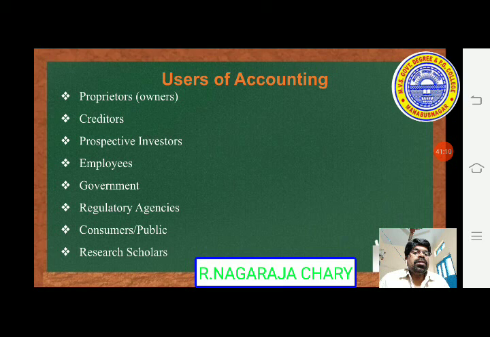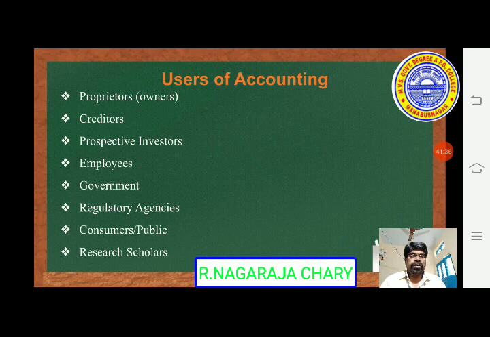So they may expect something from management. Will it be beneficial or not? Will we get benefit or not? In that aspect the employees may seek the information from accounting.